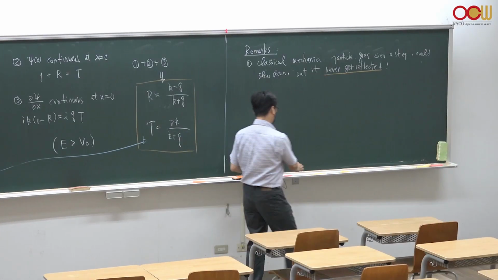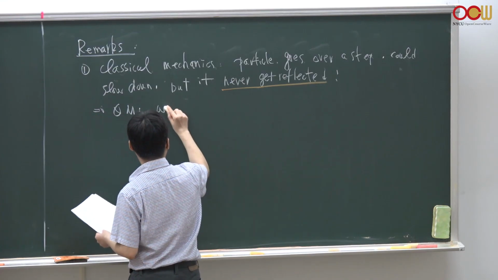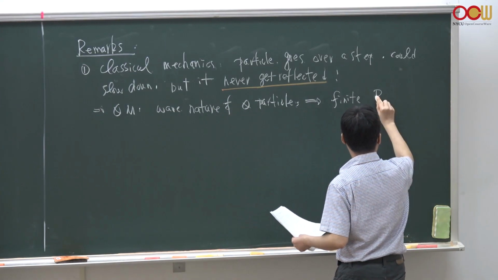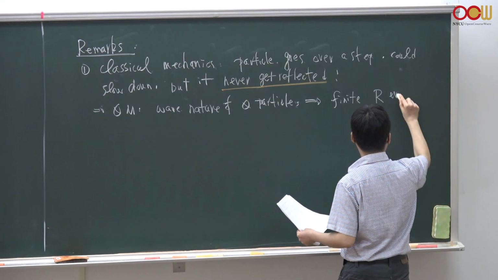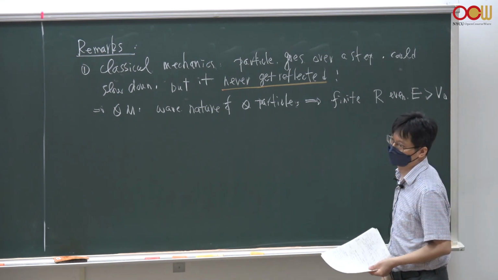The reason we get a reflected wave is that the wave nature of a quantum particle leads to the finite reflection coefficient, even when the energy of an incoming particle is larger than the step.